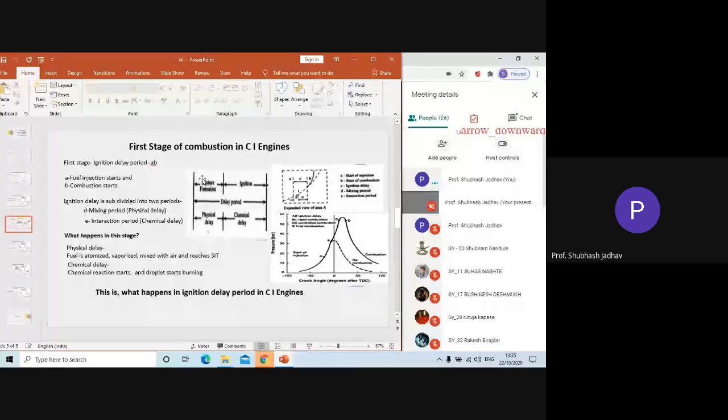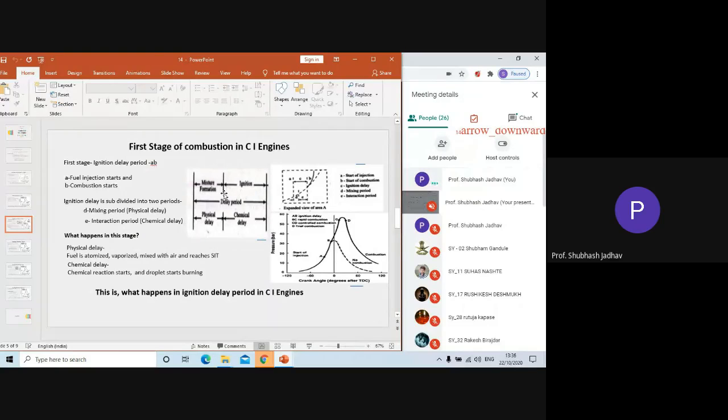We want an air fuel vapor mixture to burn. So the mixture has to form, and then the ignition will happen. When we are talking of ignition here, we are speaking of ignition of the droplet. Ignition means basically starting of the combustion. Here that is the meaning.